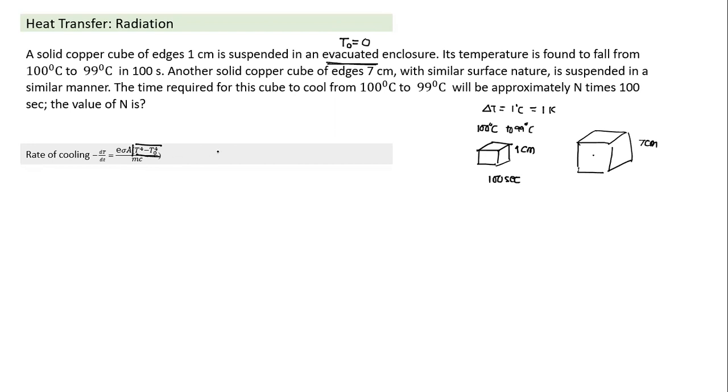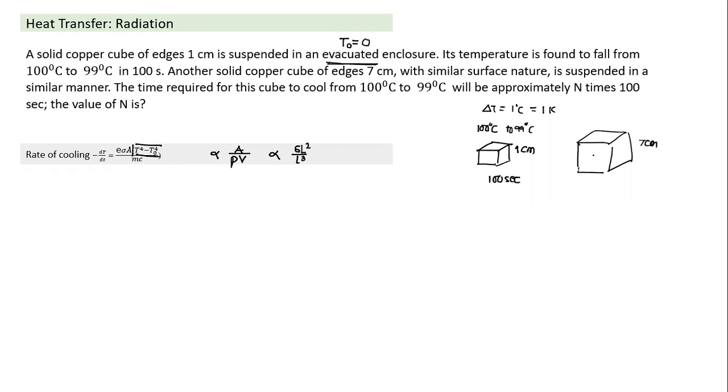So I can write that rate of cooling is proportional to surface area, and mass is proportional to volume. Since it is a cube, area is proportional to 6 L square, and volume is proportional to L cube.